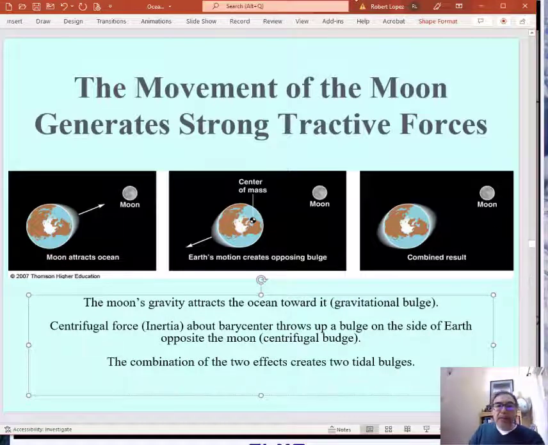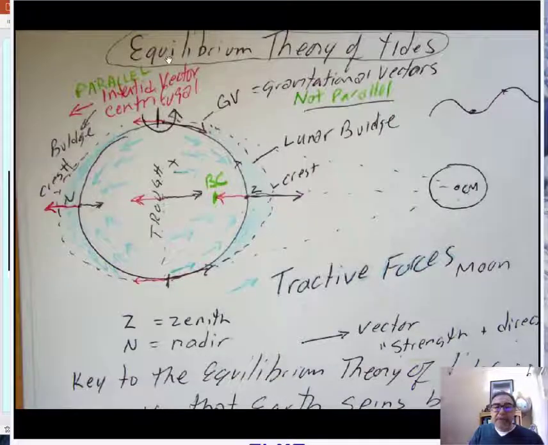And then as we go back over here, I'm talking about this equilibrium theory of tides. It's really simple, and it's an elegant way to present it because it's got simple vectors and you can relate to the forces. But really, it doesn't exactly work like this on Earth because we have continents.